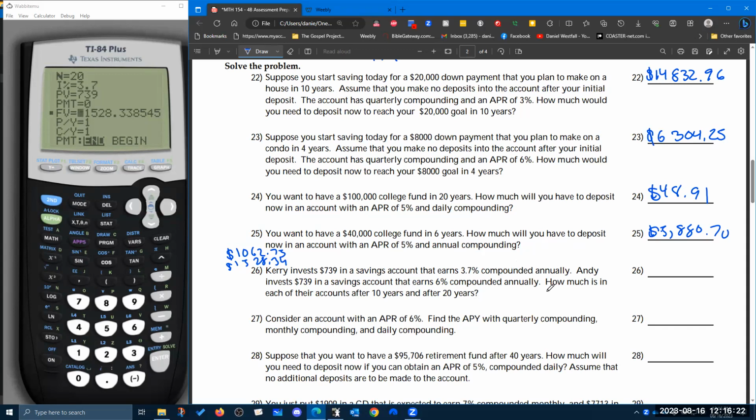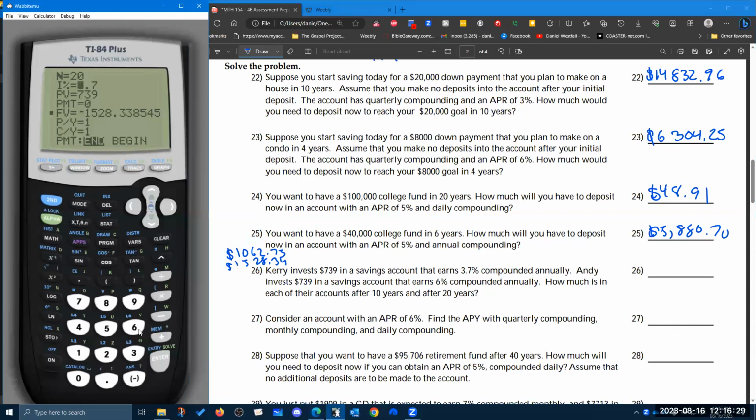Now we're going to switch it up and talk about Andy. Andy's account is going to be a 6% interest rate, and also compounds annually, and he invests the same amount of money as she did. So we're just changing the interest rate here and seeing how that affects things.